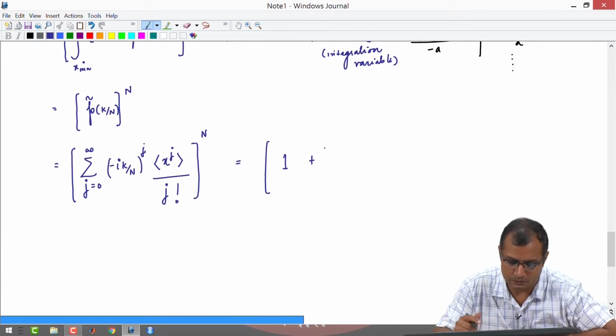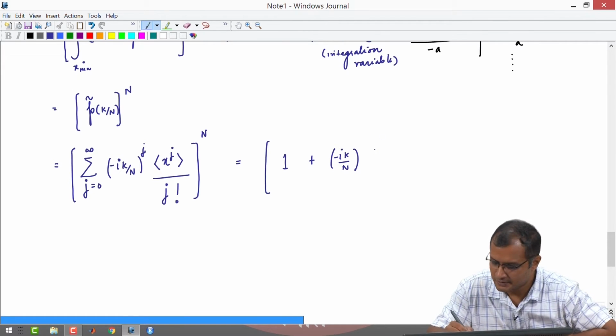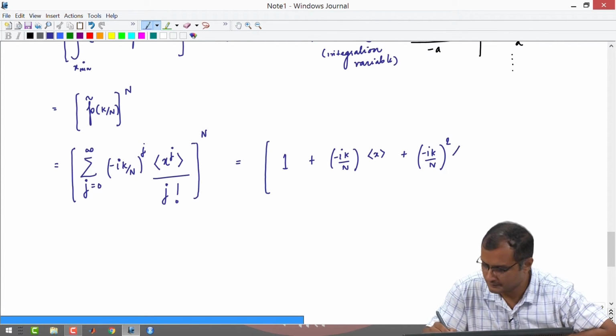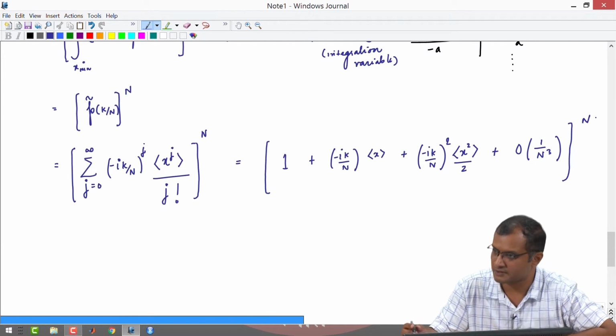For j equal to 1, you have minus of ik by n mod x, and for j equal to 2, you will have minus k square by n square into second moment by 2, plus the third term that you have is basically of the order 1 by n cube. The entire thing is raised to the power n.